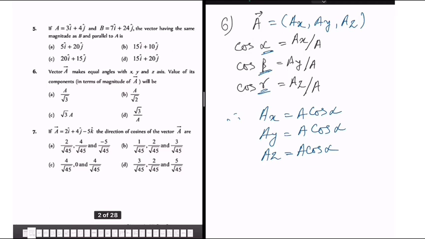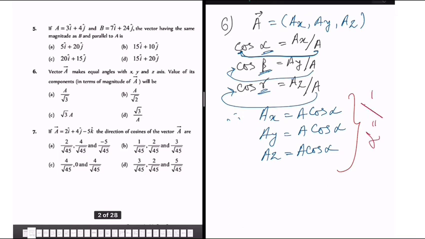Making Ax the subject, it becomes A cos alpha, A cos beta, A cos gamma. But what I have written is Ax equals A cos alpha, Ay equals A cos alpha, Az equals A cos alpha, because alpha is equal to beta is equal to gamma.